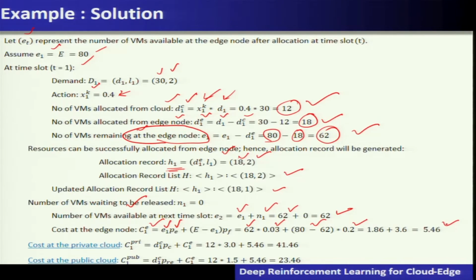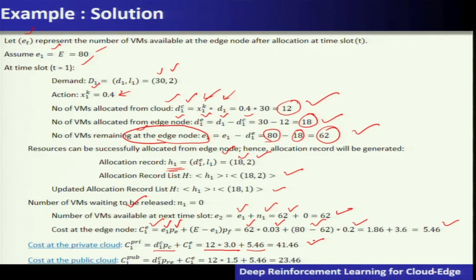So the total cost at the public cloud, if you calculate, comes out to be 12 multiplied by 3 plus 5.46, that is 41.46.